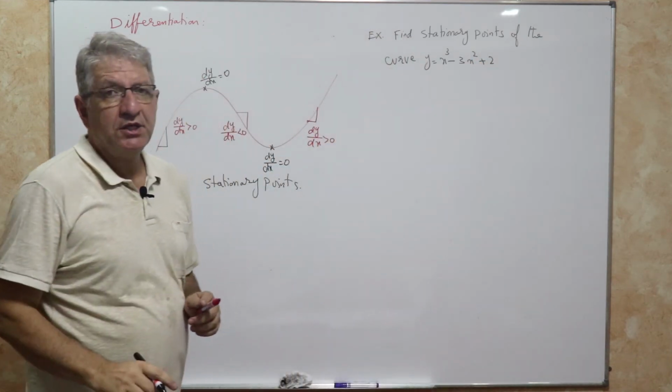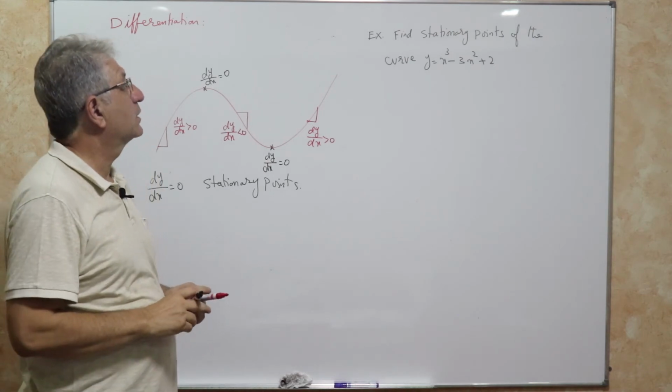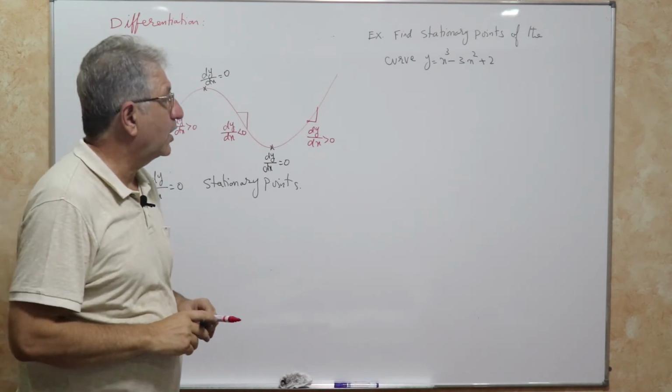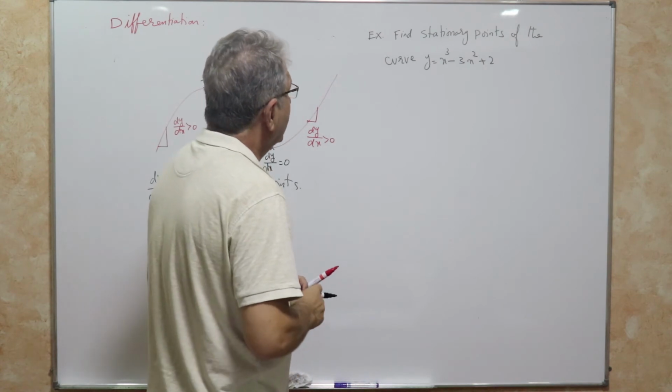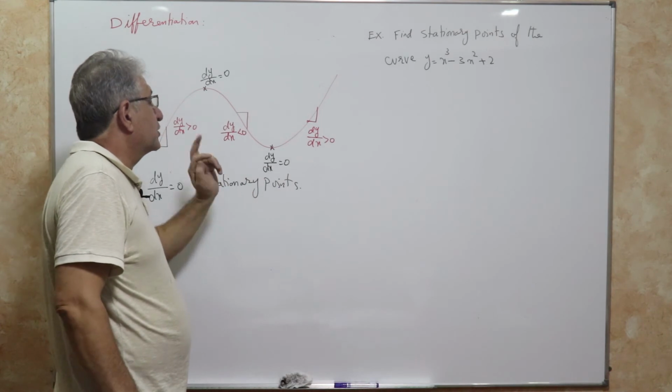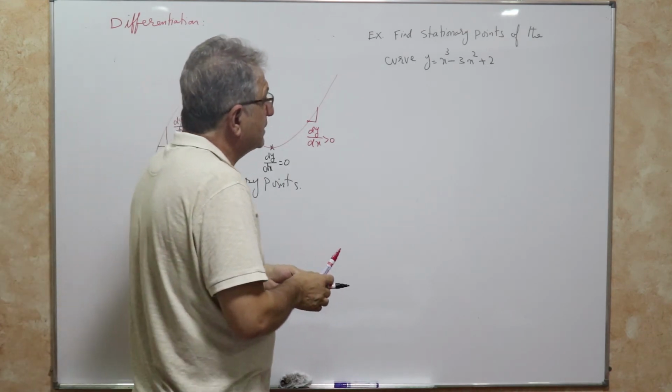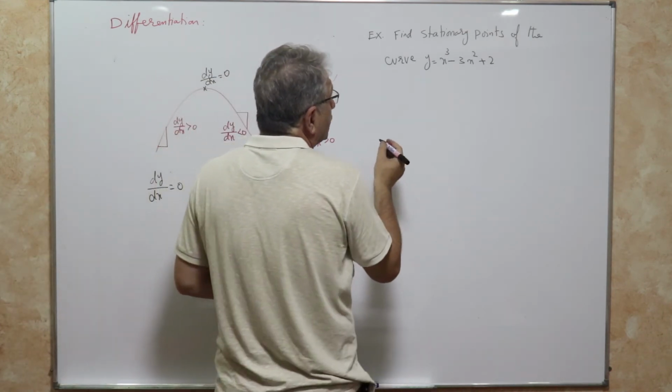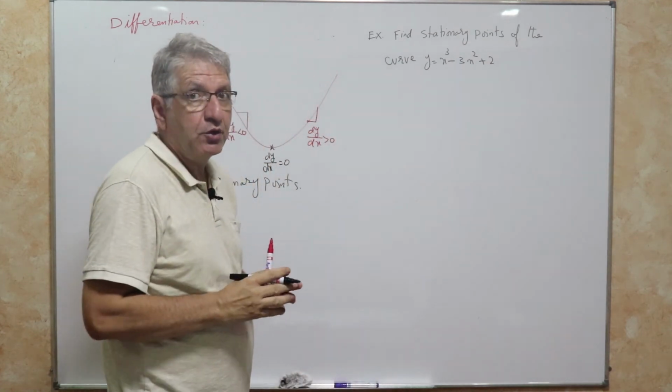I want to find the stationary points of this curve. First of all, I know that a stationary point means the gradient of the curve is equal to 0. That means I need to find dy by dx and put it equal to 0.